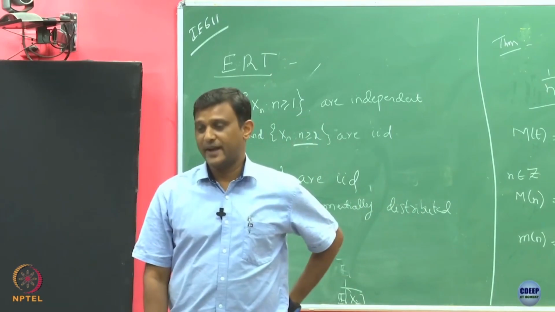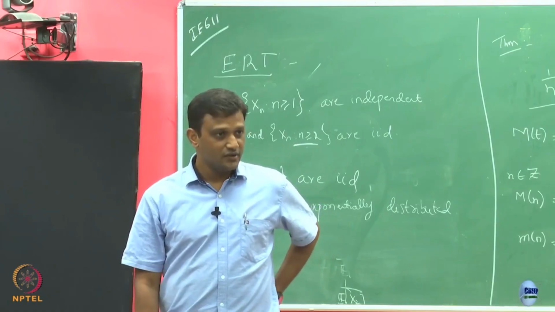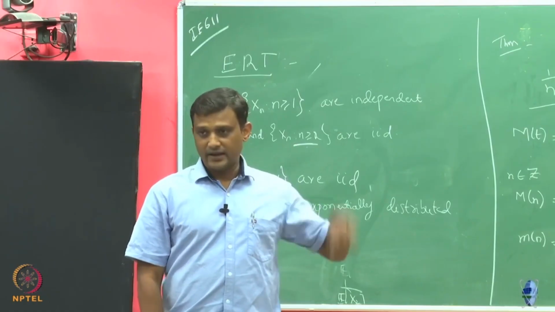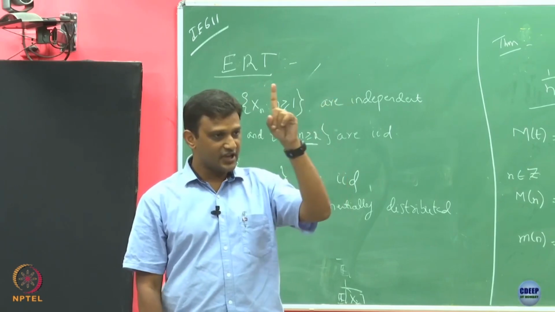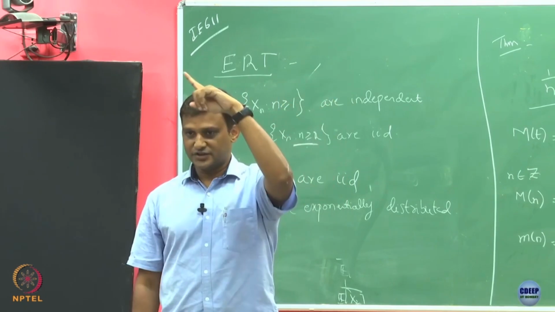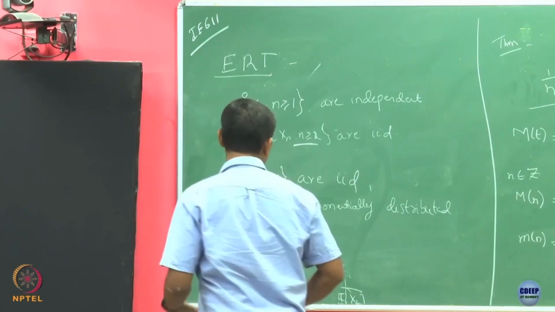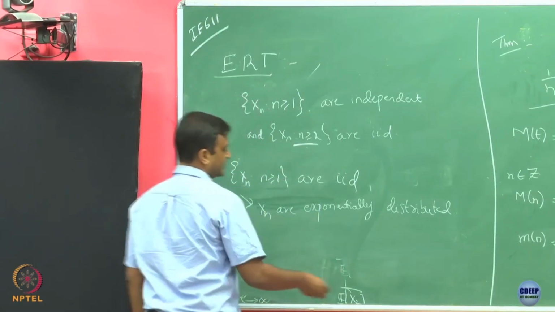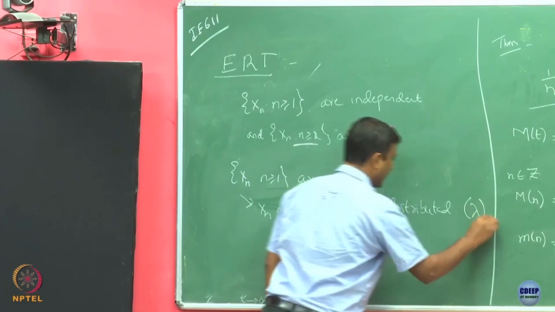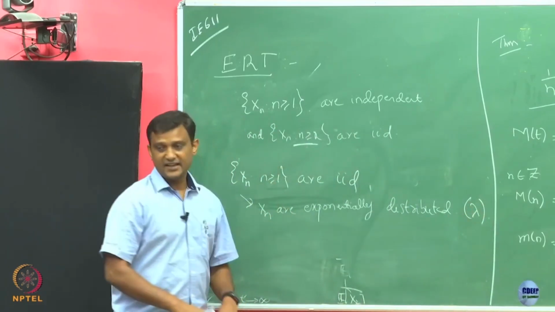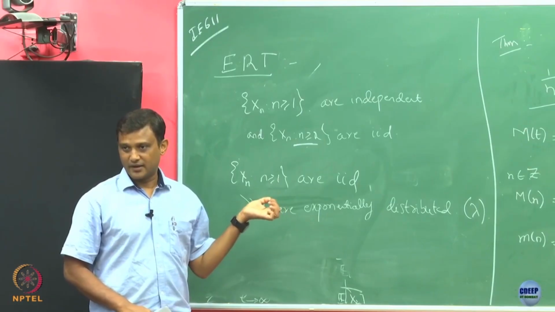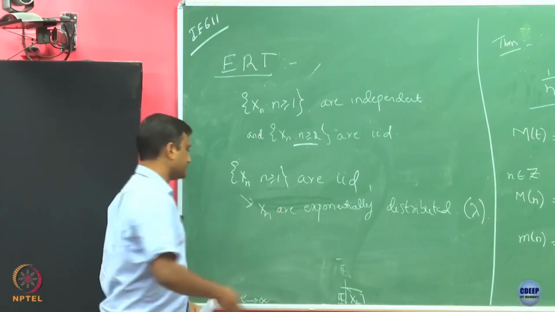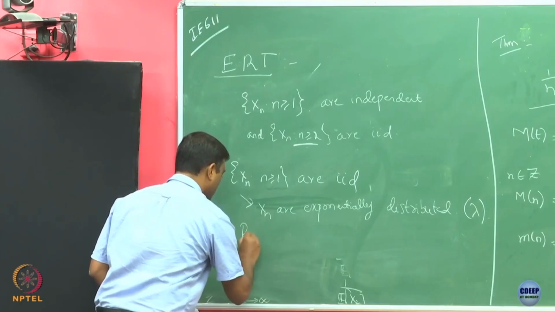We have already looked into a Poisson process where the inter-arrival times, what we basically call inter-count times, are all exponentially distributed, and if these Xn's are exponentially distributed with parameter lambda, then we had said that this is nothing but a Poisson process with rate lambda, right.